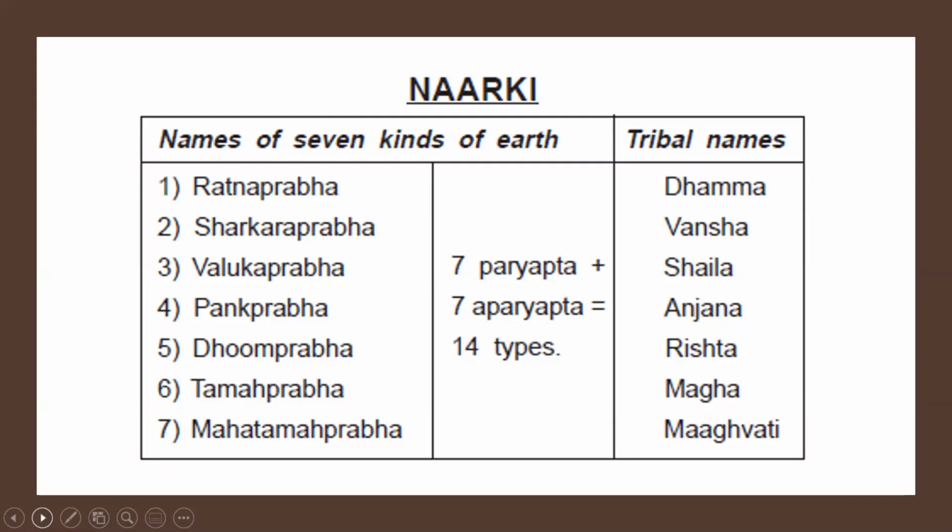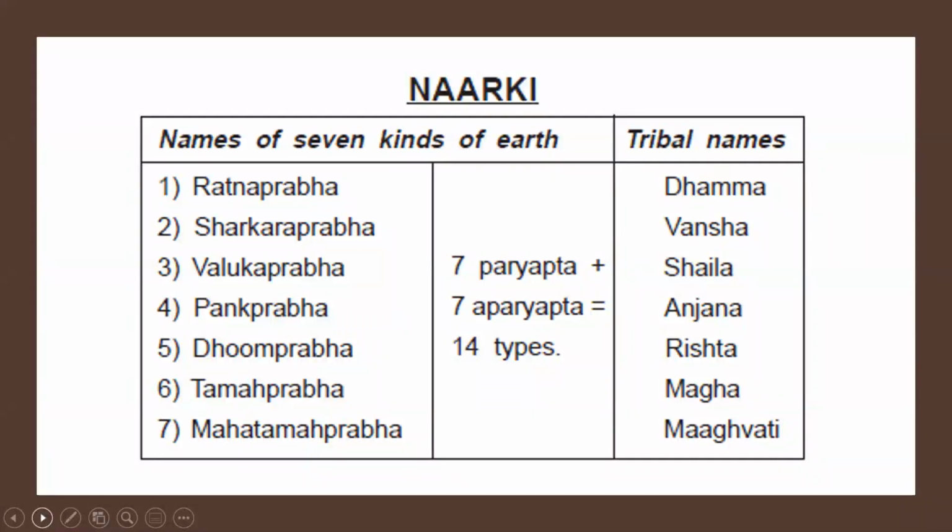So these are the classical names of the Jeevs in the seven Narkavas. Now, all the Jeevs in the seven Narkavas have the Vaikriya Sharir, similar to the body of the Devs. So the Paryapti of the Jeevs of Narki is the same as the Jeevs of the Devlok. That means for the first 48 minutes, for the first Antar Muhurt, they are all known as Aparyapt. And after the Antar Muhurt, they all become Paryapt.